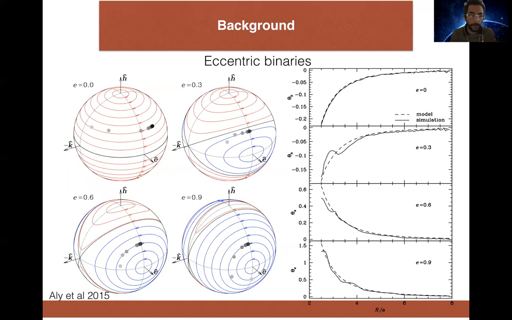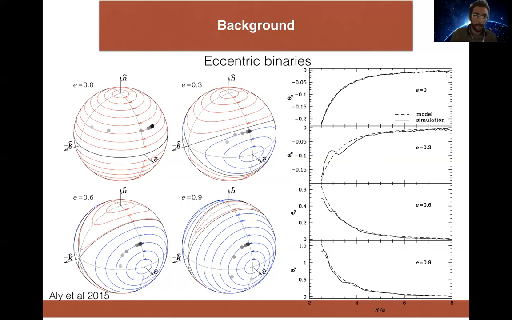Now, to just review what happens in the eccentric binary case, the figure on the left here shows the precession trajectories. H here is the direction of the angular momentum vector of the binary.